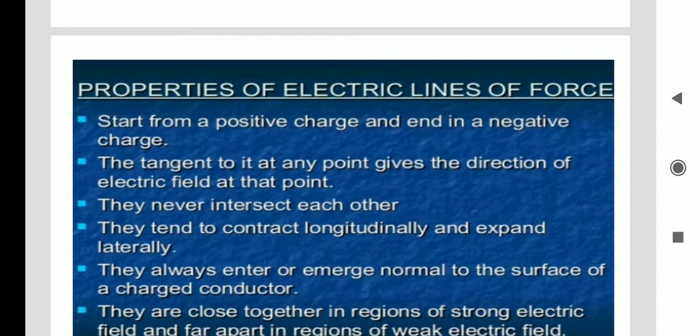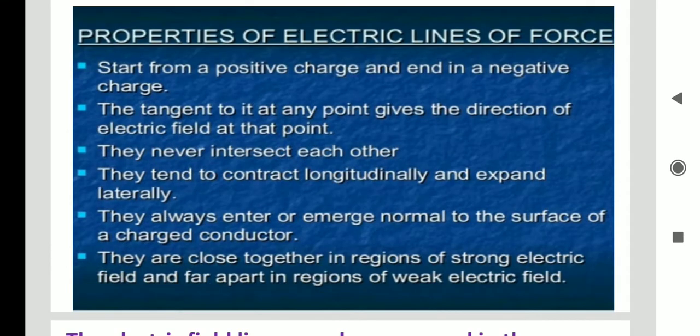Properties of electric lines of force. They start from positive charge and end in negative charge. The tangent at any point gives the direction of electric field at that point. They never intersect each other. They tend to contract longitudinally and expand laterally.